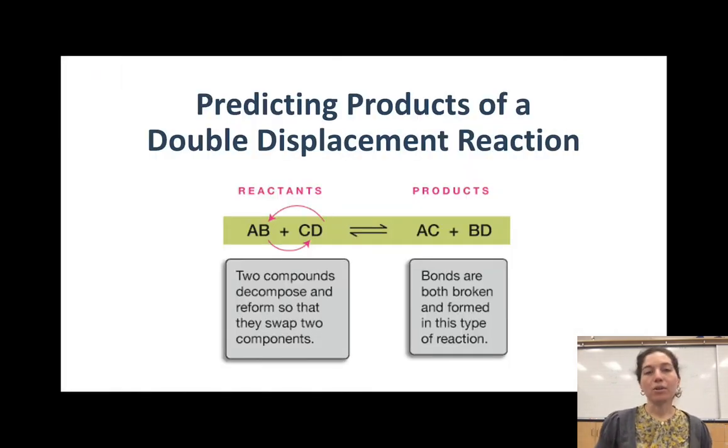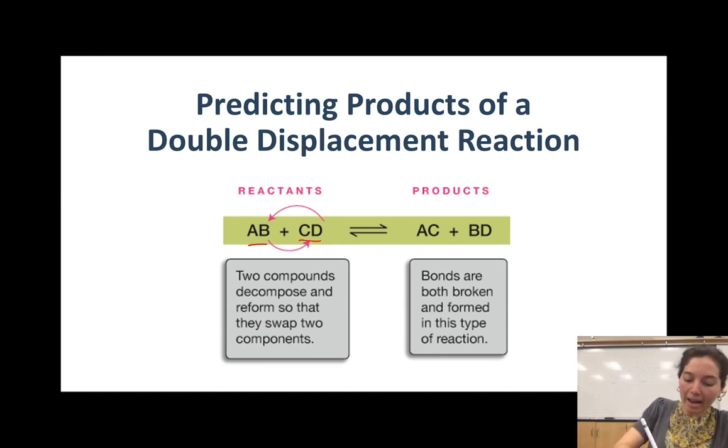So first things first, let's start with predicting products of a double displacement reaction. This is kind of what you all are actually doing in your in-person lab training right now. You're doing precipitation reactions. A double displacement reaction is where you have two compounds that are comprised of different atoms.